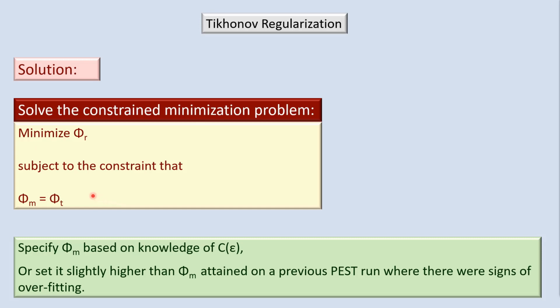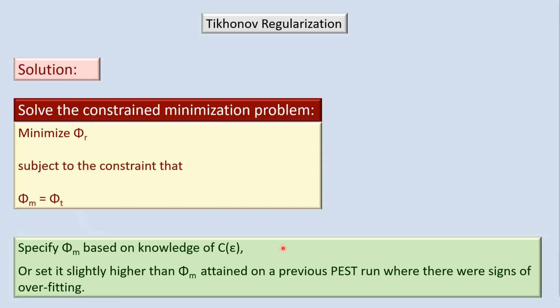What we are saying then is that we do not want to fit any better than a level of fit which we state before we start the inversion process. Achieve this level of fit, but no better, and in doing that, give me the minimum perturbation from the preferred parameter condition in order to achieve that fit.